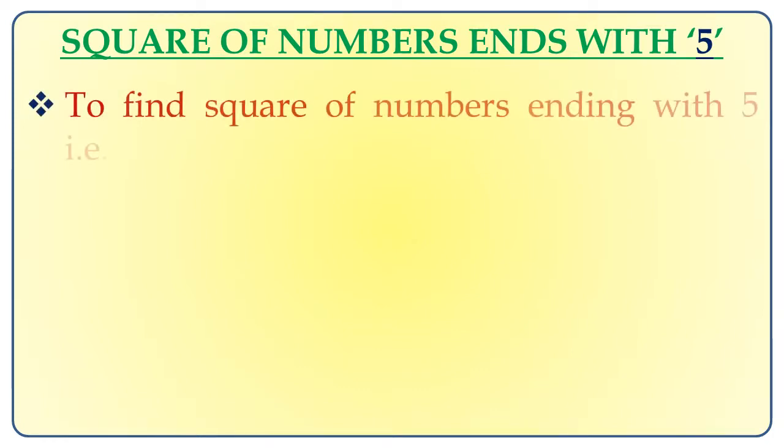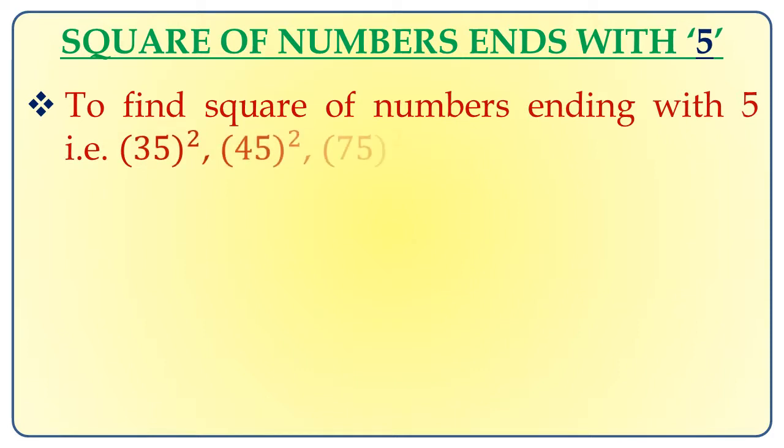Now, our next shortcut technique is to find the square of a number that ends with 5. If a number ends with 5, like 35, 45, 95, 105, 115, any number, if it ends with 5, we can find the answer very fast.